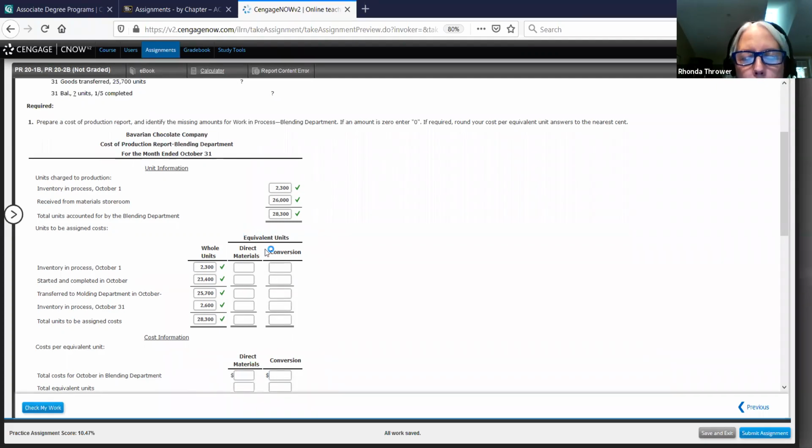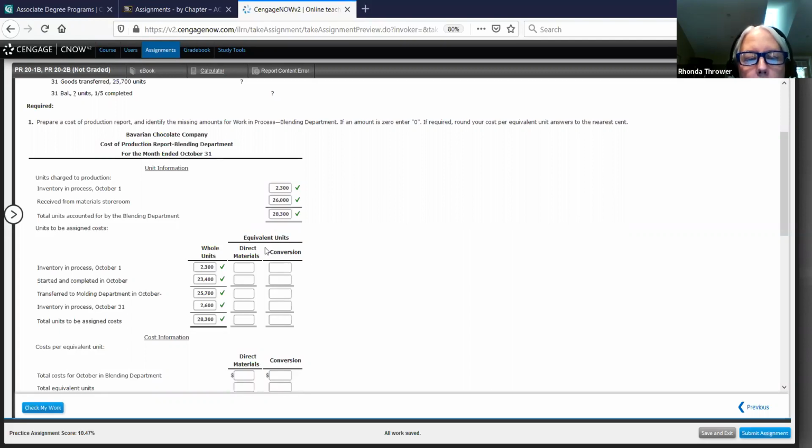It's the portion of whole units that could be finished during this period of time. That's what we mean by equivalent units. Notice our equivalent units is broken down into a direct materials column and a conversion column.